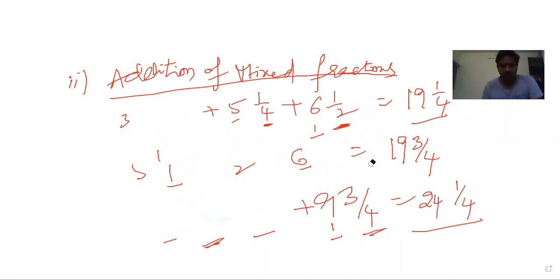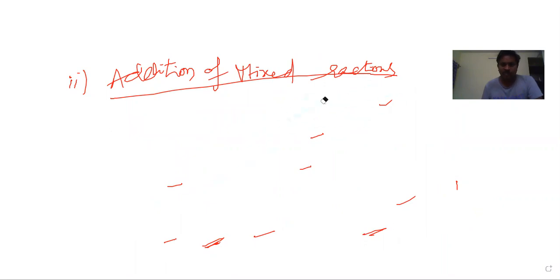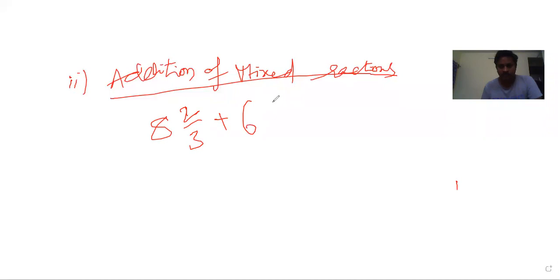Suppose these fraction values are not in the form of half, quarter, those values, half, 1 by 4, 3 by 4. How can you add those values? Here we see 8 2 by 3 plus 6 4 by 5 plus 9 equal to how much?